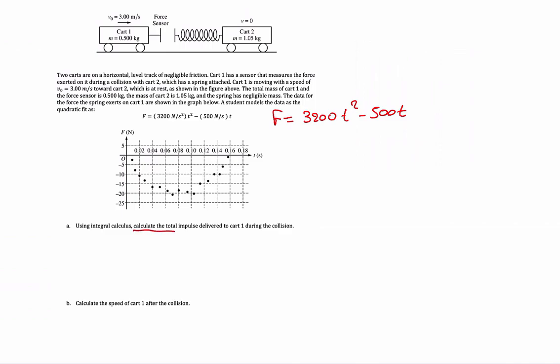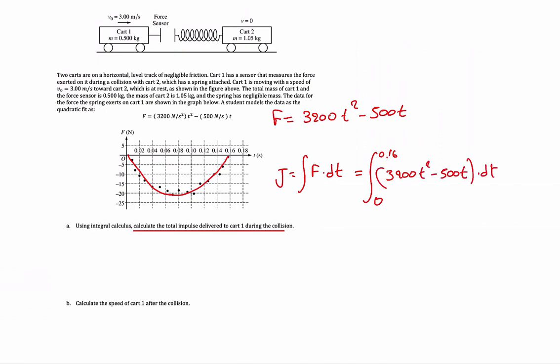We need to calculate the total impulse, and we remember that the impulse for a variable force is the integral of F times dt. Now, this is impulse from the initial time according to the graph, which is 0, and the final time, which is 0.16, of 3200 t squared minus 500 t dt.